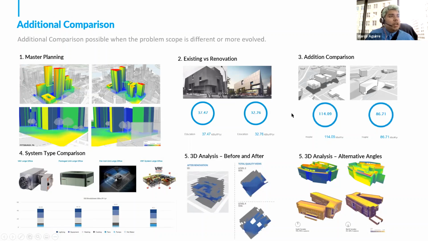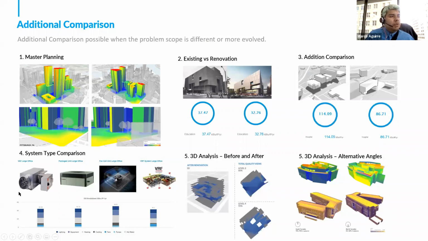Renovation projects, addition projects, showcasing north versus east addition, which option was going to be more efficient and provide all of the other features they were looking for. System type comparison.